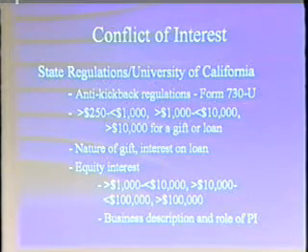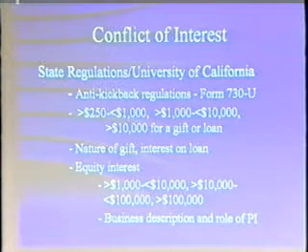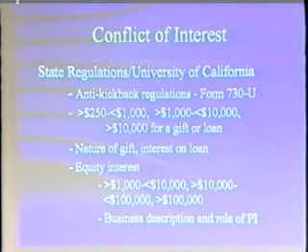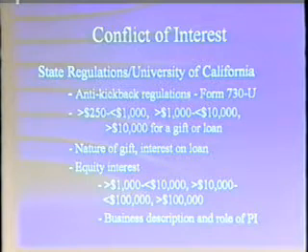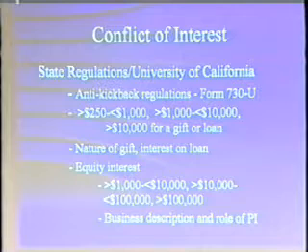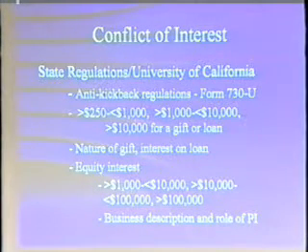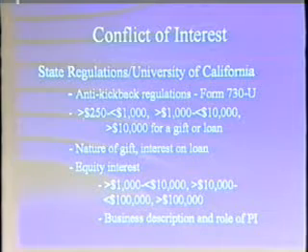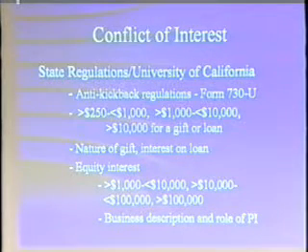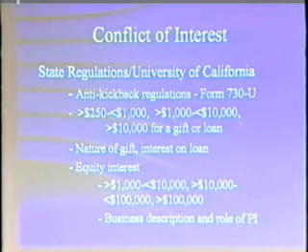And there are very specific regulations and very specific dollar amounts about what you have to report. And most of you who are investigators have probably at one time or another had to fill out the Form 730U, which is the statement of financial conflict of interest. And there are various degrees of reporting requirements. Some degrees are from between $250 and $1,000. Some are from $1,000 to $10,000.